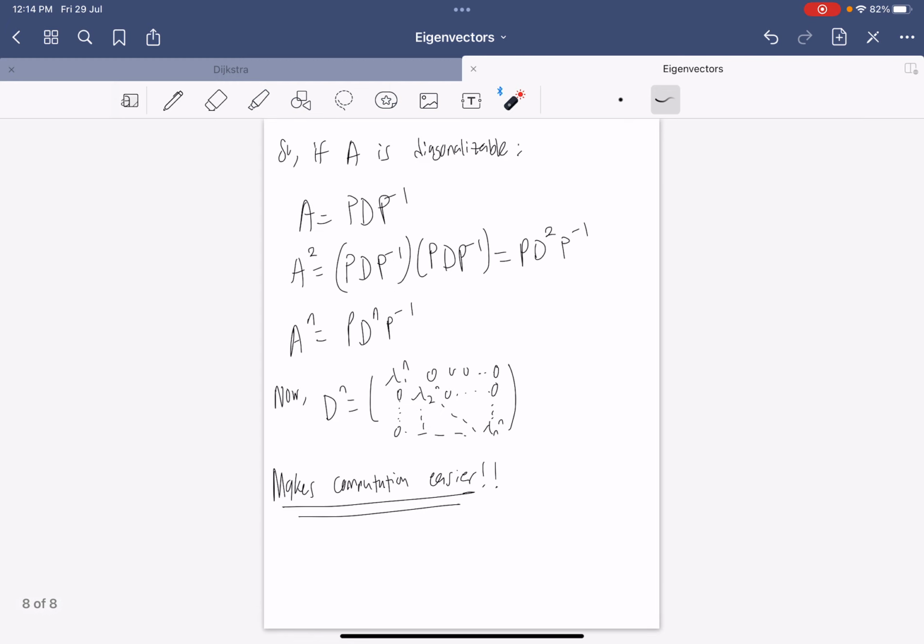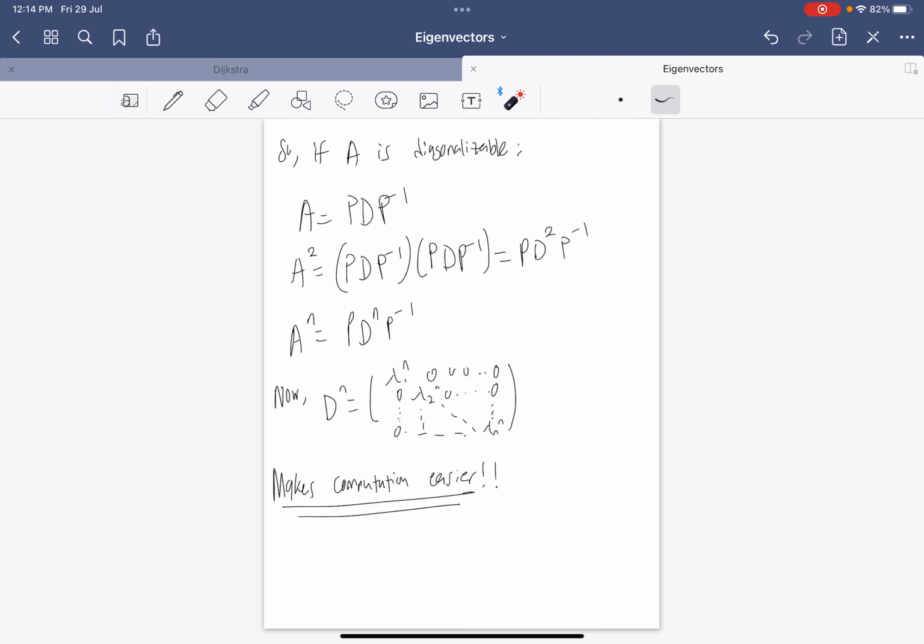Let's see. So if A is diagonalizable, A equals PDP inverse. A squared now equals PDP inverse times PDP inverse, which actually, this P inverse P will cancel out. And so what you'll be reduced to is P D squared P inverse. And you see by our induction process, A to the power of n will just be P D to the power n P inverse.